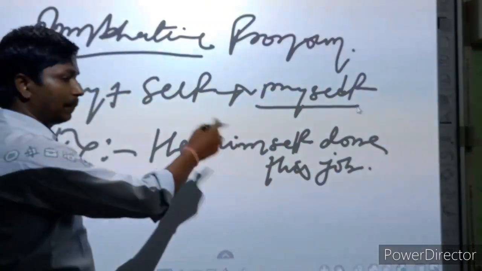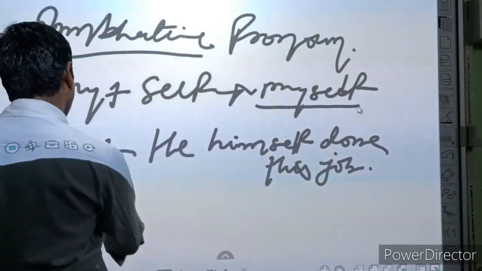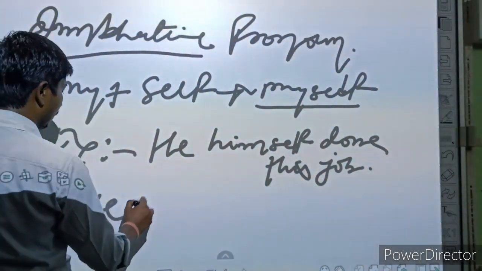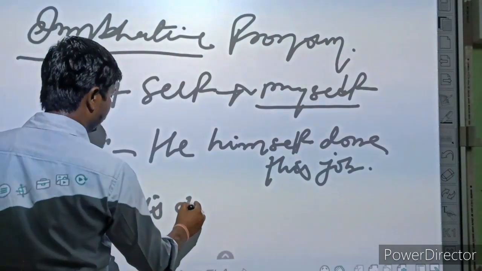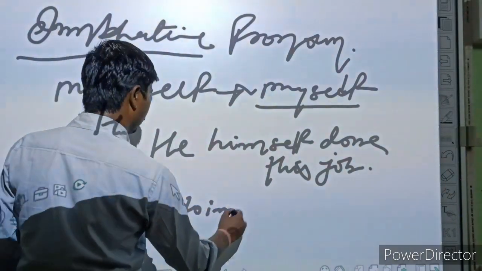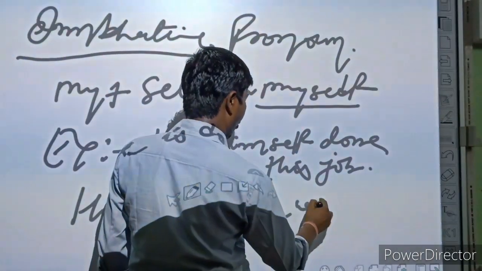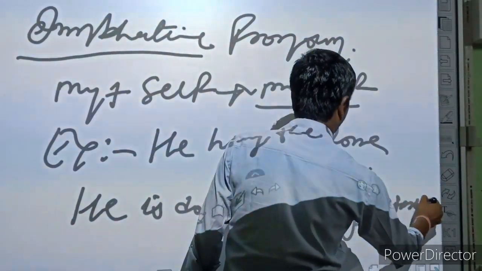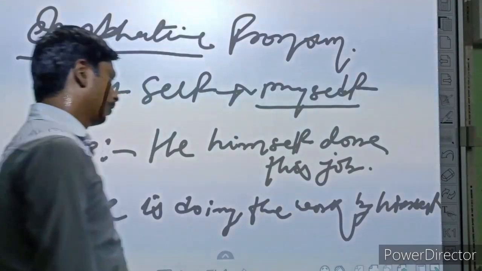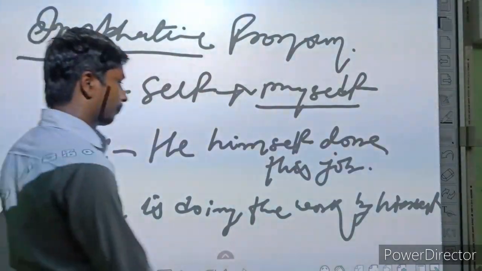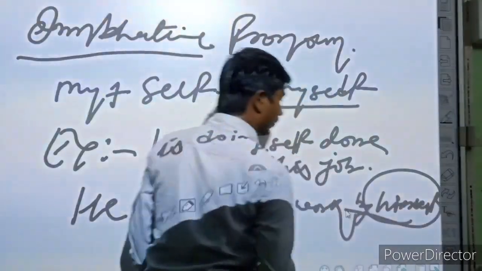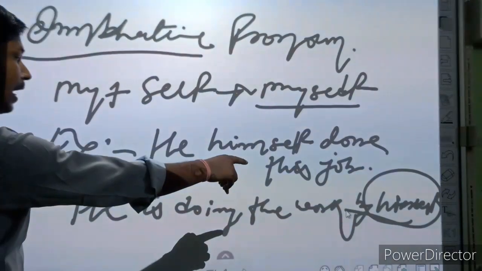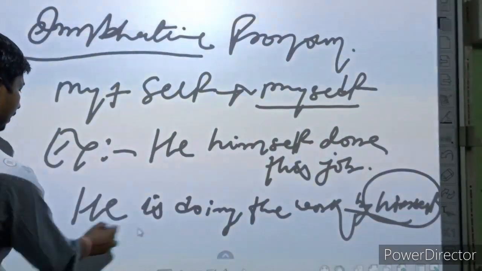In the example I wrote earlier, you must have noticed: he is doing the work by himself. You can notice over here also himself is a pronoun and it is used as an object of the sentence.